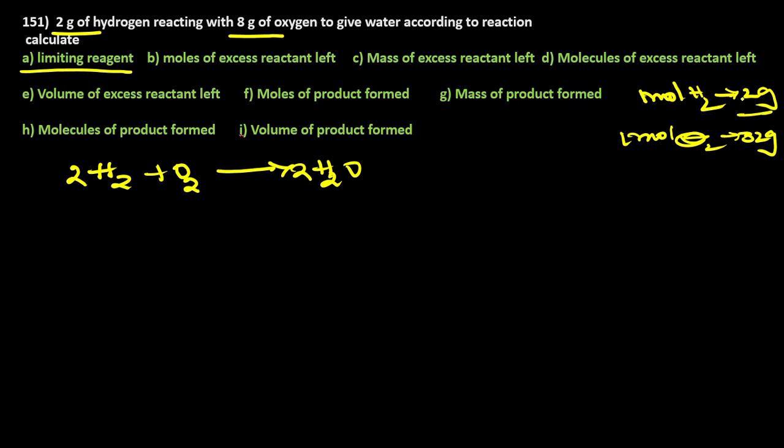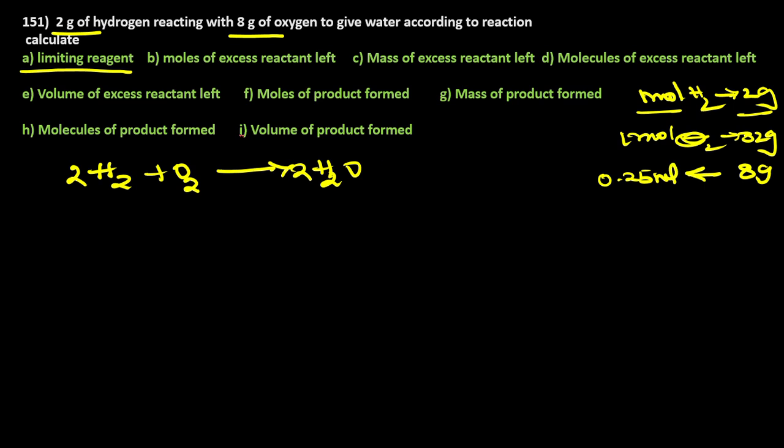So 2 gram of hydrogen means 1 mole, and 32 grams of oxygen means 1 mole. But in oxygen they have given 8 grams. That means it is 4 times less, that's why it's 0.25 mole.